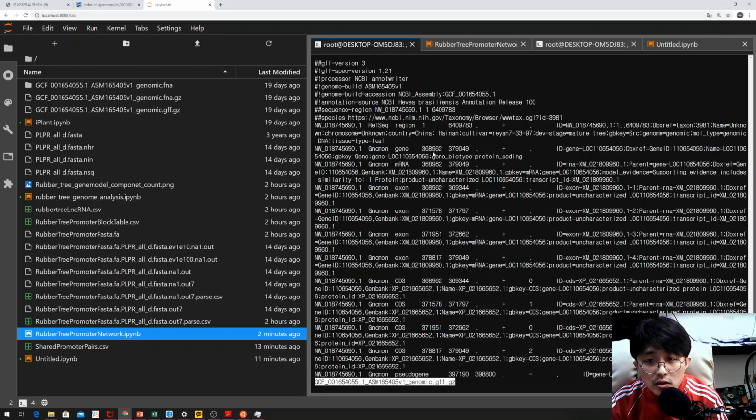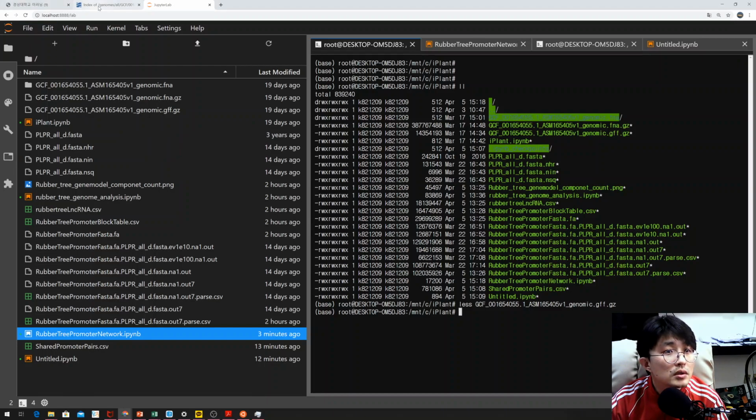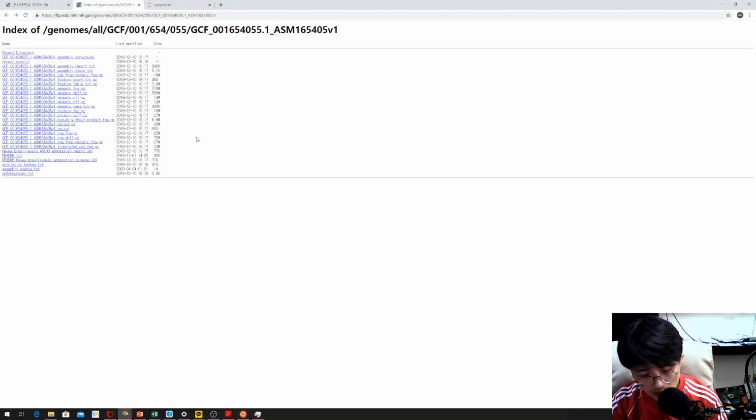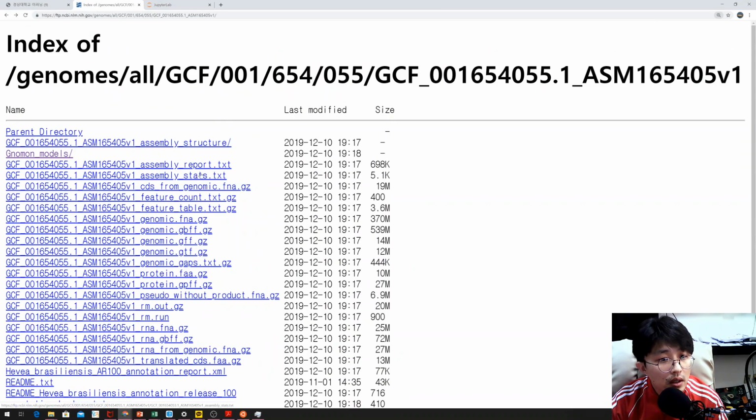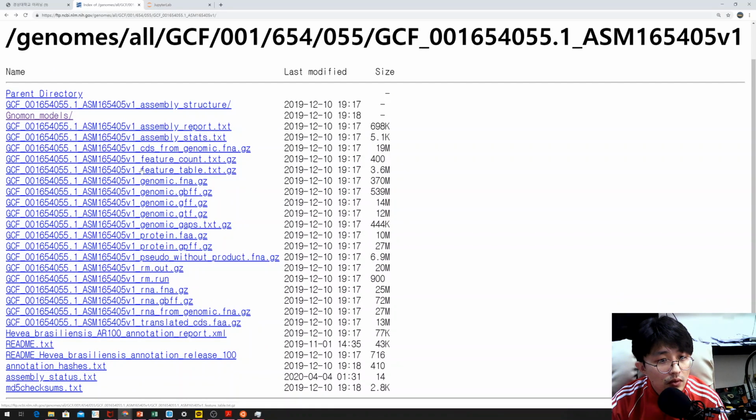So your gene will have a certain annotation around here. Product. Okay, so product. This also has the product column, so we need to parse the product because I checked here. They don't have any annotation table. So the feature table. Let me check this feature table.